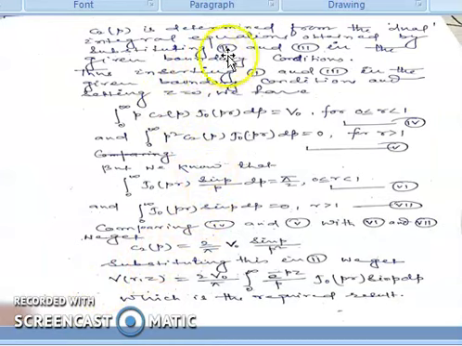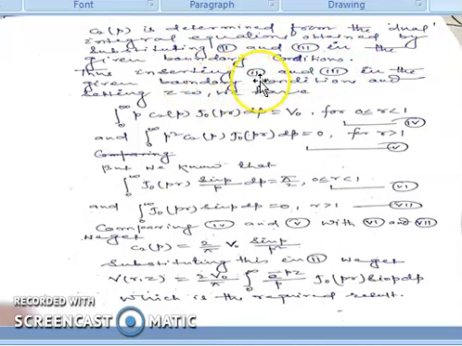Now c2(p) is determined from the dual integral equations obtained by substituting equations 2 and 3 in the given boundary conditions.